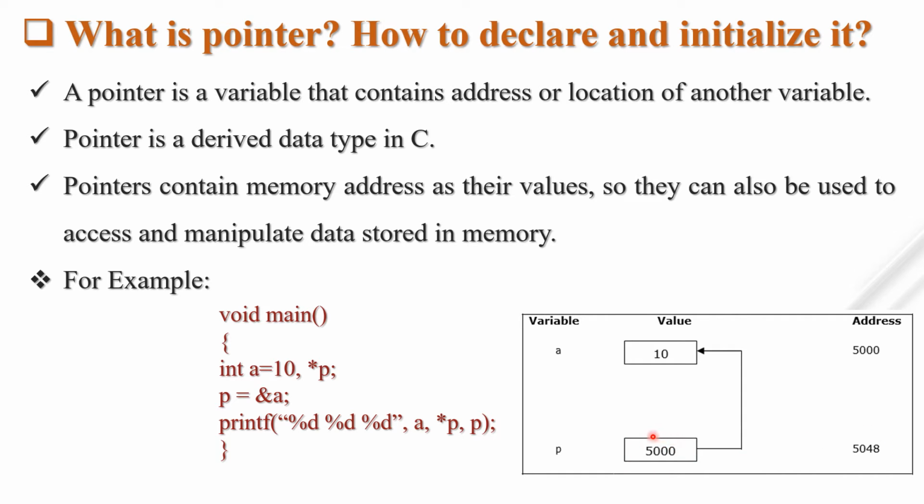But what we are printing here, star p, means at this address, what is the value? At this address, the value is 10. That's why the output is 10, 10 and 5000. Why 5000 here? Because p is storing the address of a. So pointer p stores the address as its value. Here is a simple graphical representation of a pointer.